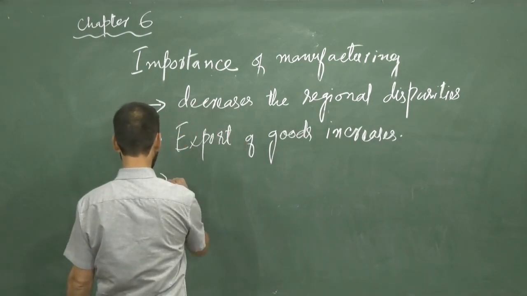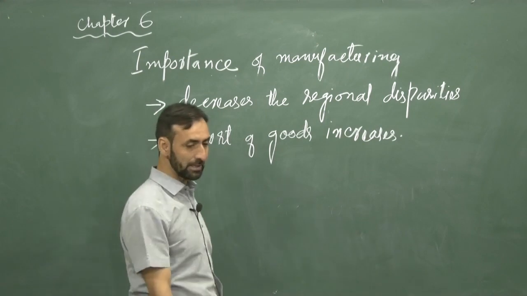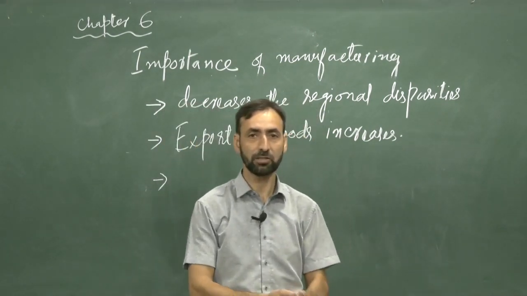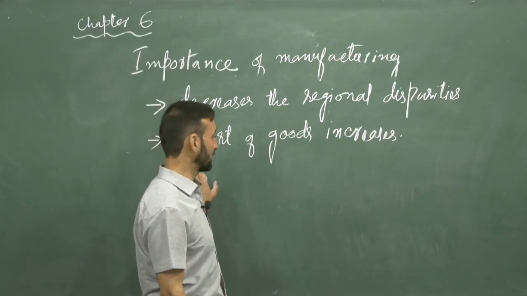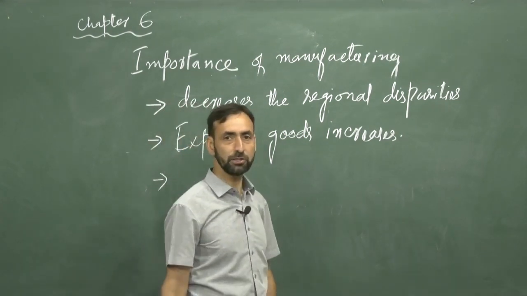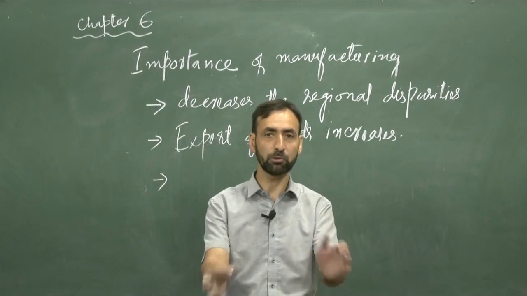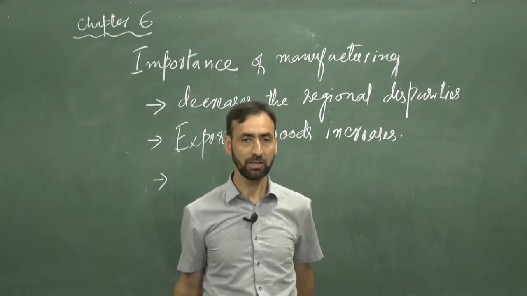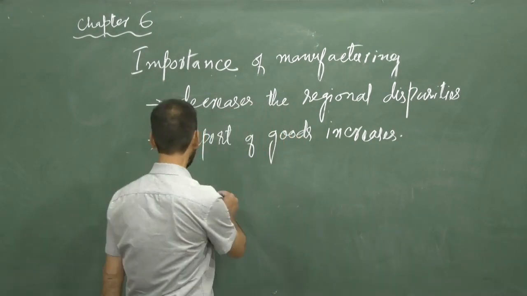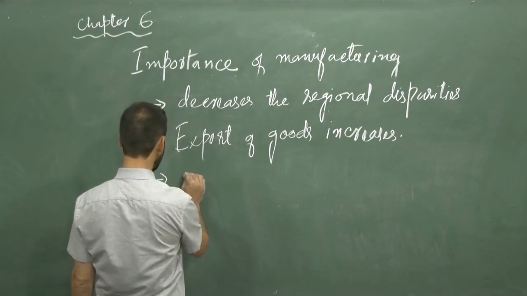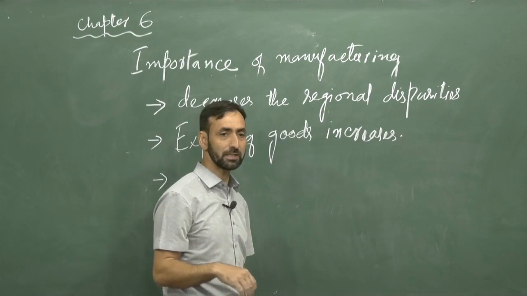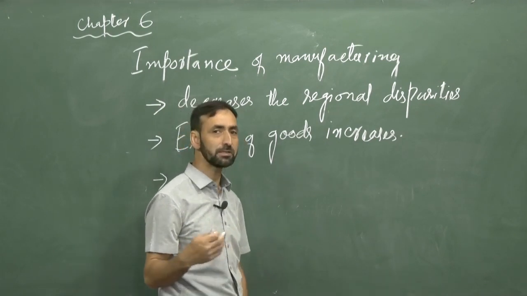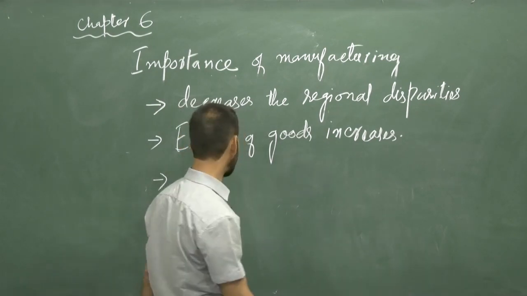In this way, the agricultural sector and industrial sector are not close to each other, but they go hand in hand. They help each other. The agricultural sector is supported by the industrial sector, and the industrial sector is as well supported by the agricultural sector.